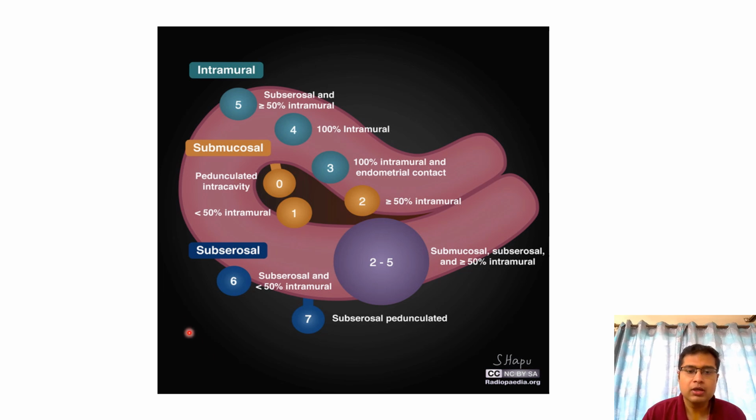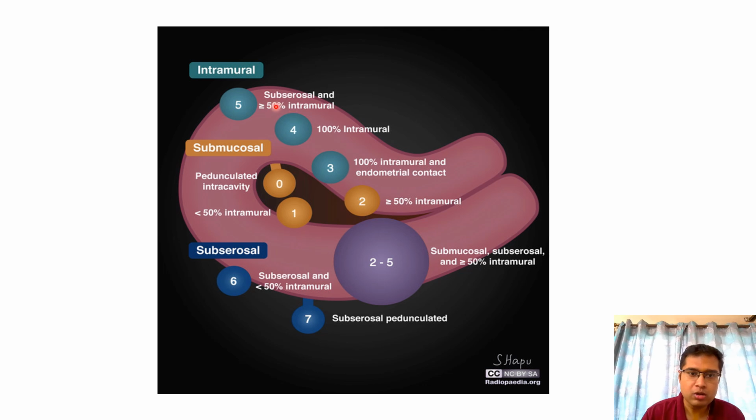So this is the FIGO classification of the fibroid, where type 1 has less than 50% intramural component. Type 2 has more than or equal to 50% of the intramural component. Type 3 is 100% intramural with endometrial contact, while type 4 is 100% intramural with no endometrial contact.